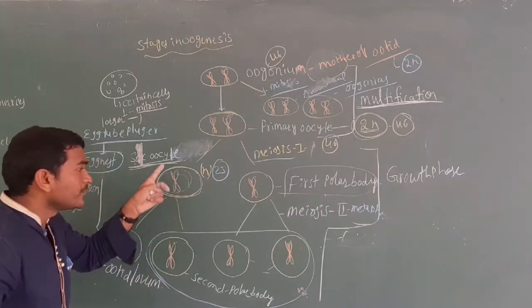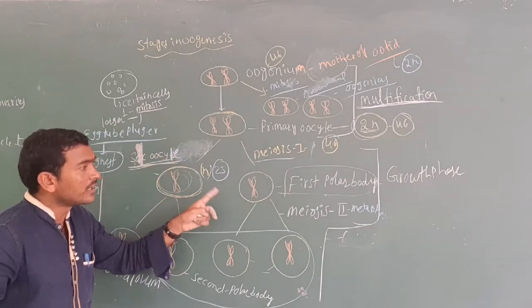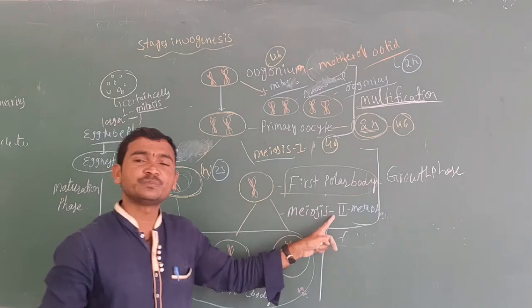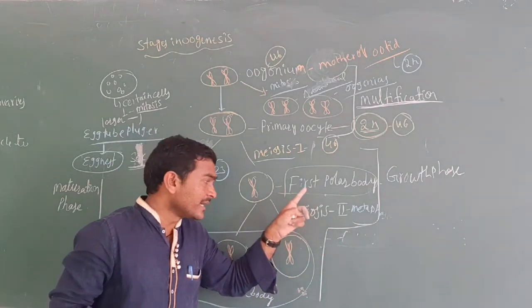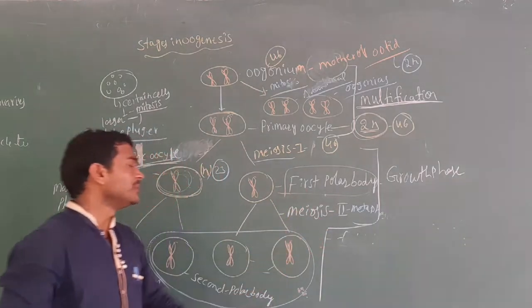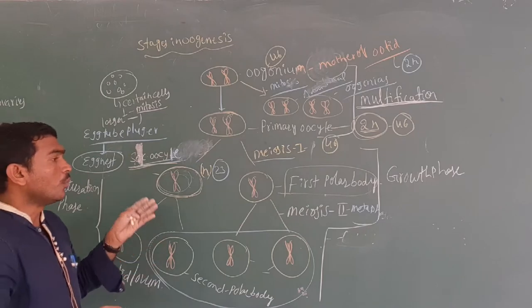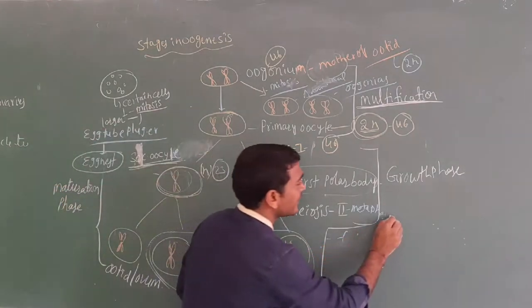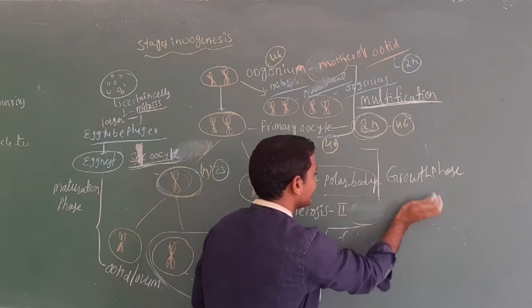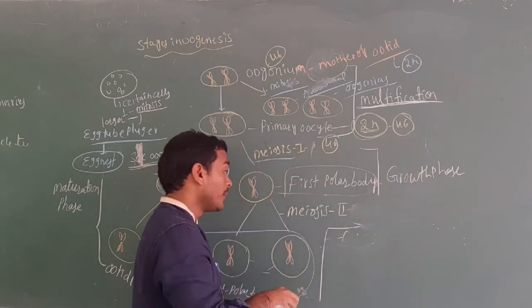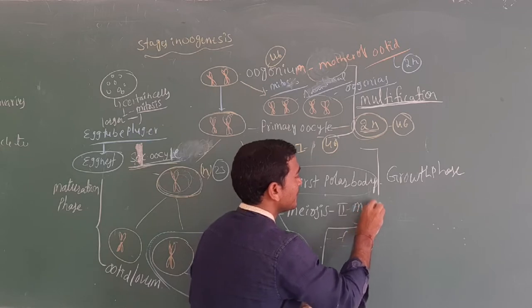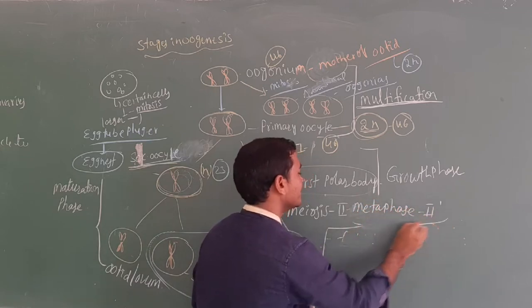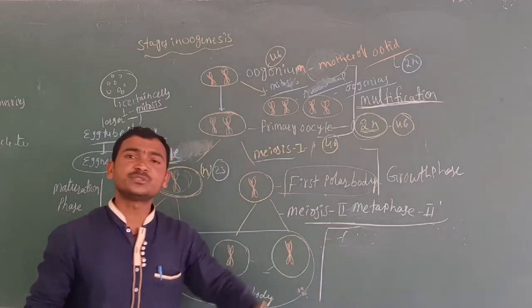This secondary oocyte, along with the polar body, involves meiosis 2. After that, it is arrested in which phase? Metaphase 2. It is involved in meiosis 2 but arrested in metaphase 2.